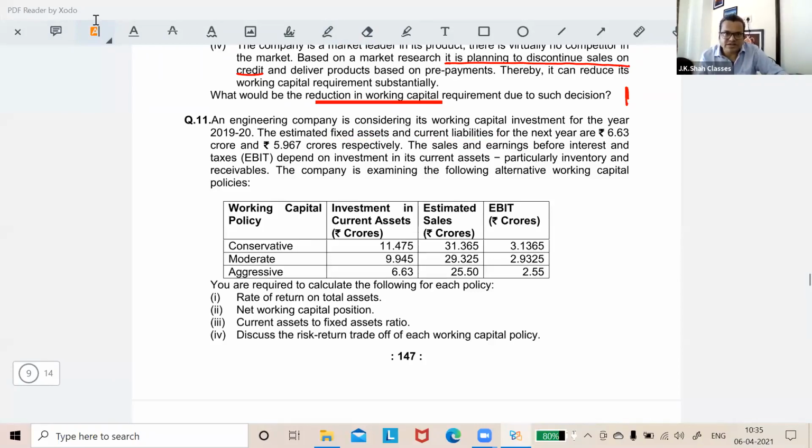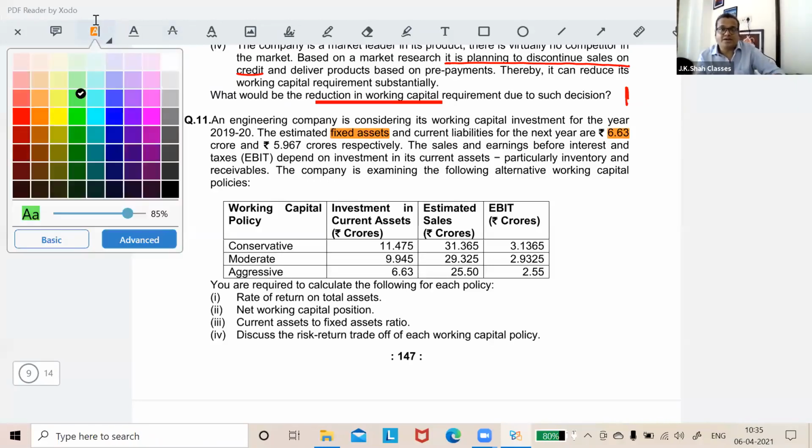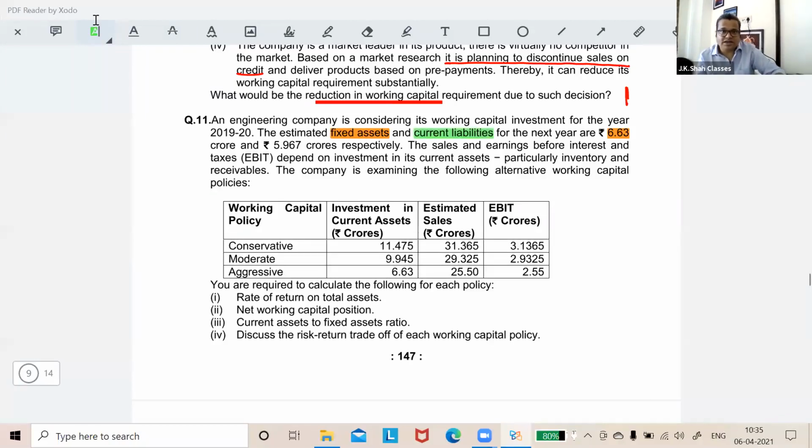Estimated fixed assets 6.63 crore. And estimated current liabilities are how much? The current liabilities are 5.967 crores. So this estimation is all in crores, guys. We just have to read the numbers. Nobody has to spend even a single paisa from the pocket. So what if crores, millions, billions, doesn't matter.